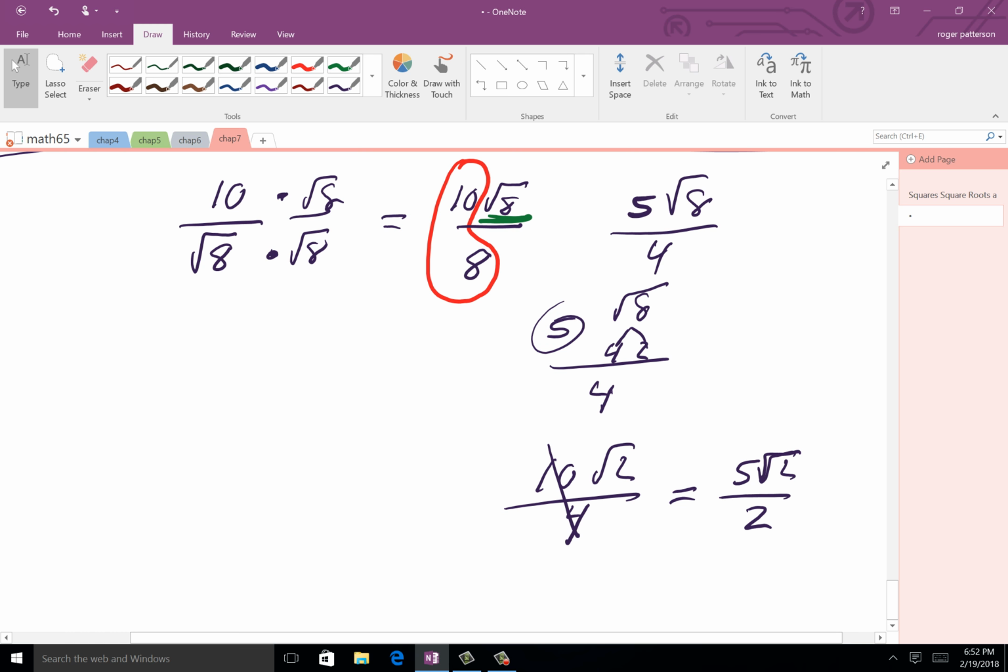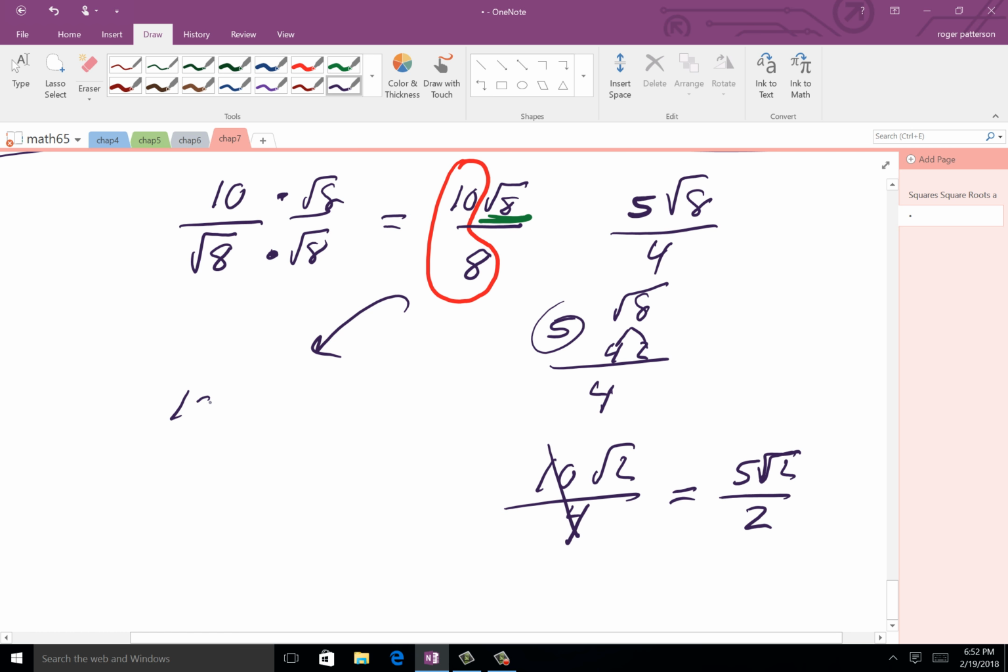And if we would have said, hey, you know what I think I'm going to do here first is break this down. I could have broke this down to 4 and 2. Took that square root of 4, brought it out here, multiplied it by the 10. It was 20, but we end up getting the same answer. Okay, so it doesn't make any difference. It's kind of the way you want to handle it. All right? So in this situation, we could have went this way.